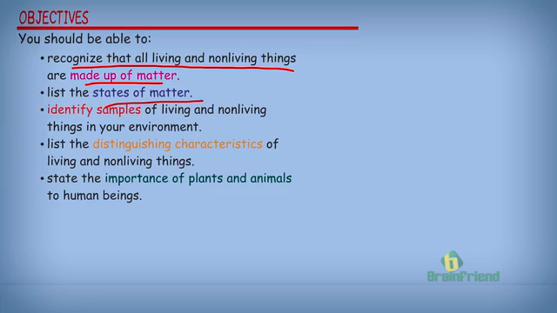We should also be able to identify samples of living and non-living things in our environment. We should be able to distinguish the different characteristics that make up living and non-living things. Furthermore, we should be able to state the importance of plants and animals to human beings.